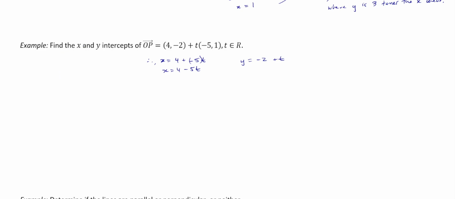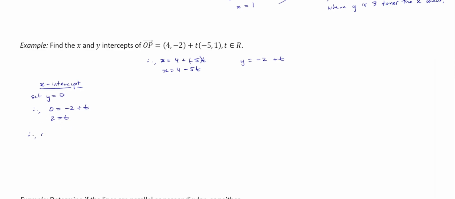If I want to find the x-intercept, I set y equal to 0. So I'll take the parametric equation for y and set it equal to 0: negative 2 plus t, so 2 is equal to t. So when y is equal to 0, t has to be 2.